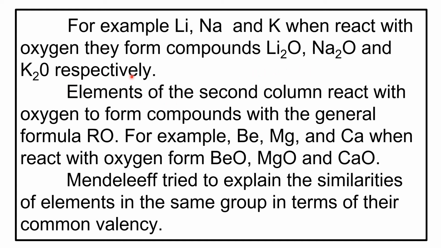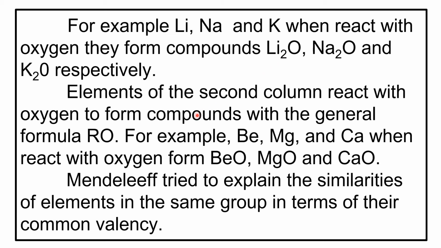So here, when these elements of the first group react with oxygen, they form oxides, and the general formula is R2O. It can be lithium, sodium, potassium or any element in the first group. All of them will form oxide with the general formula R2O.